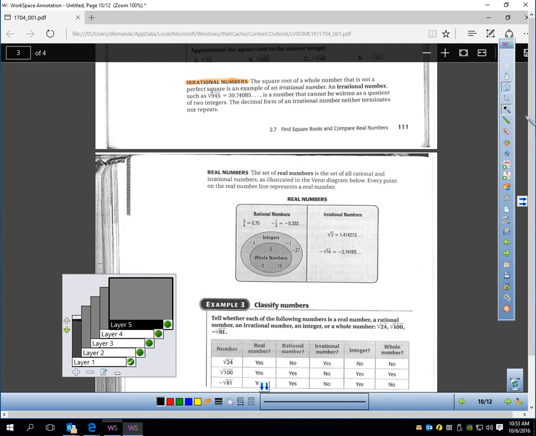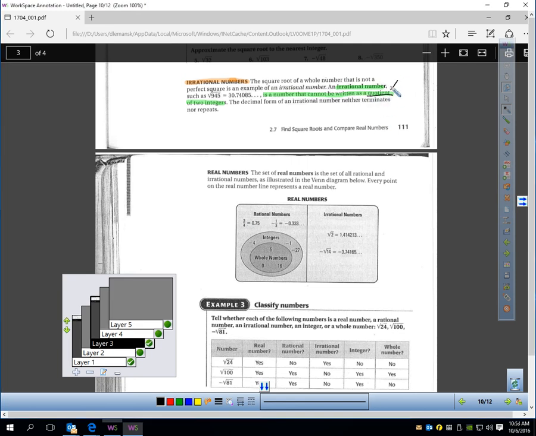Irrational numbers. We got to learn what those are. Let's start with something you should know already. Do you notice the word rational numbers. Remember, rational numbers are the numbers that you can write as a fraction. So irrational numbers are those that cannot be written as a, now they put quotient. Think about the word quotient.